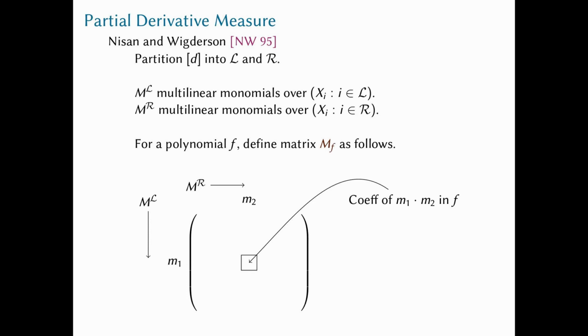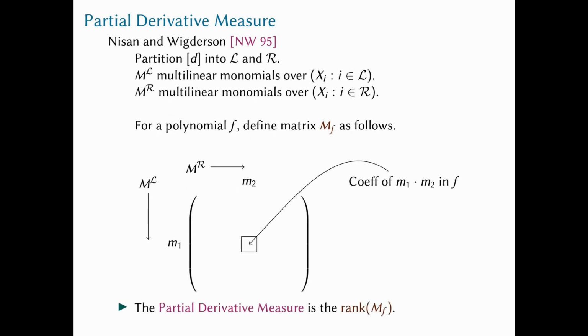If I have a polynomial f, we put in this matrix, in the cell m1, m2, the coefficient of f in front of the monomial m1 m2. The measure of f, what we call the partial derivative measure, is just the rank of this matrix. This measure has two good properties.